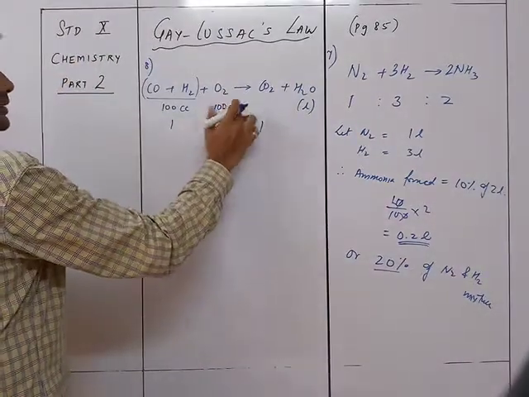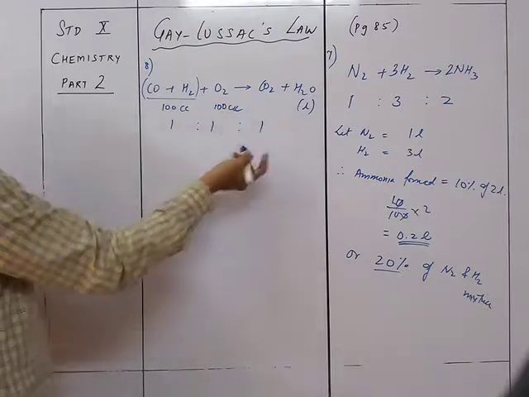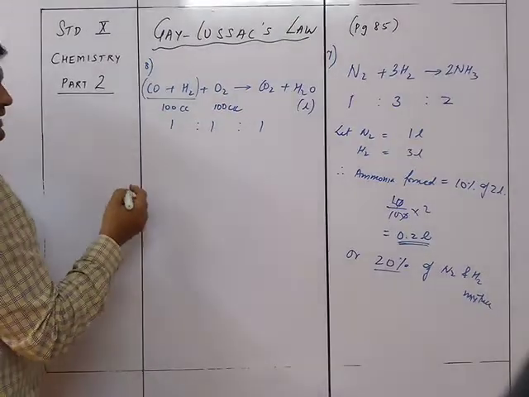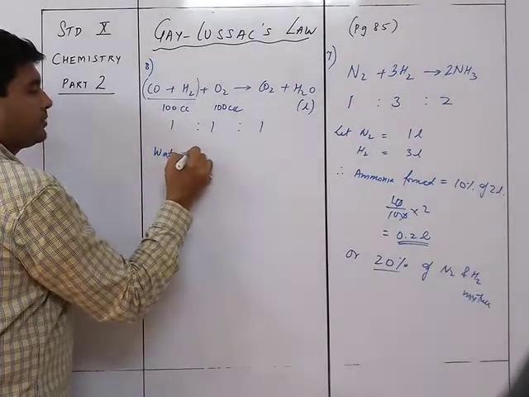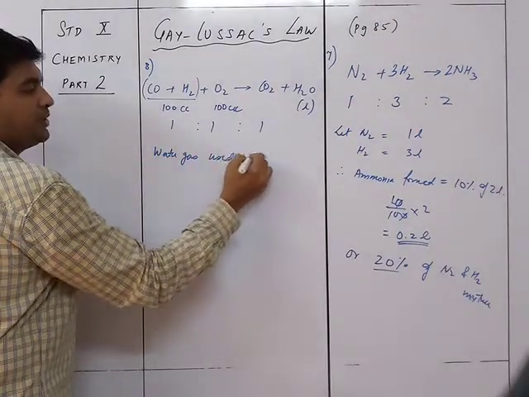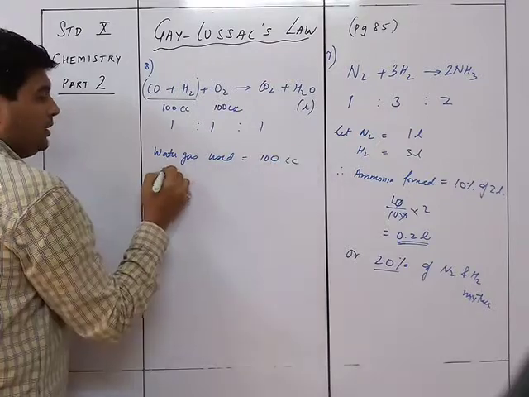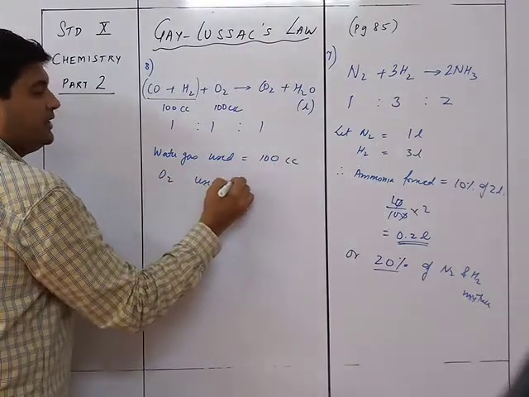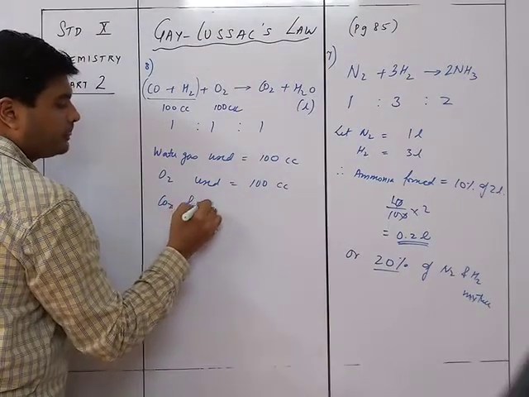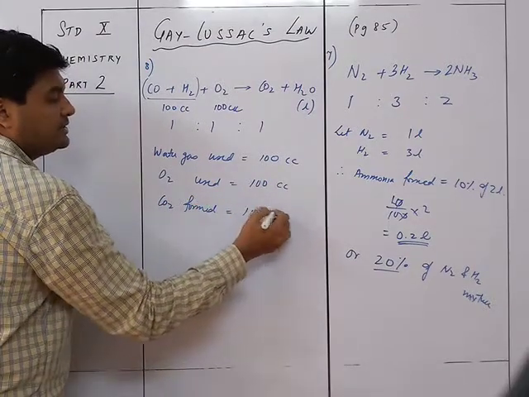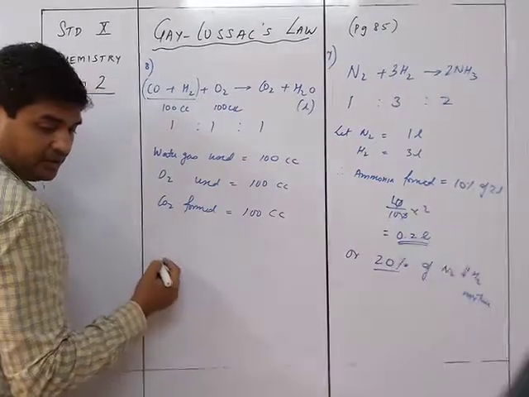So not a problem at all. Water gas used is equal to 100 cc, O2 used is equal to 100 cc, and CO2 formed is equal to 100 cc.